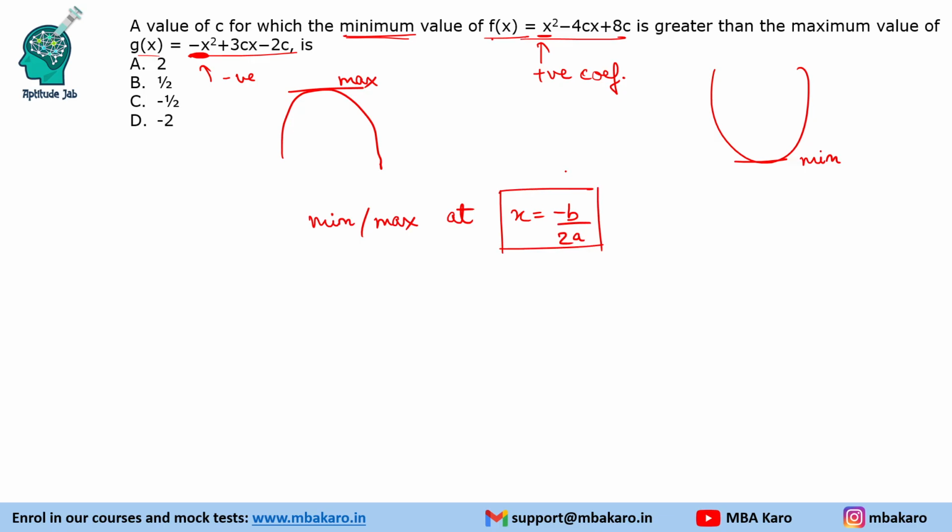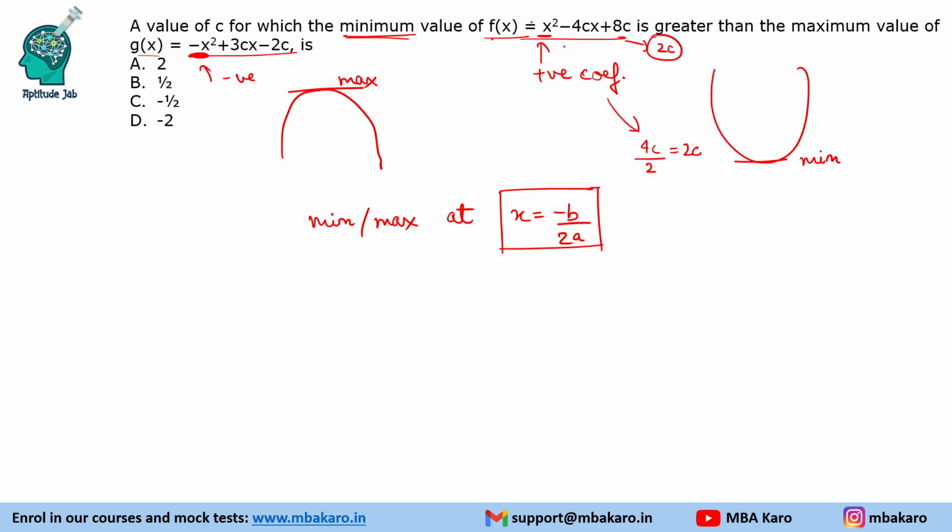You do not have to complete the squares and all, because it is derived from that itself. So first of all, we will put minus b upon 2a over here. So for the first equation, it is minus b, that is minus of minus 4c, upon 2a, so that becomes 2c. So it will happen at 2c.